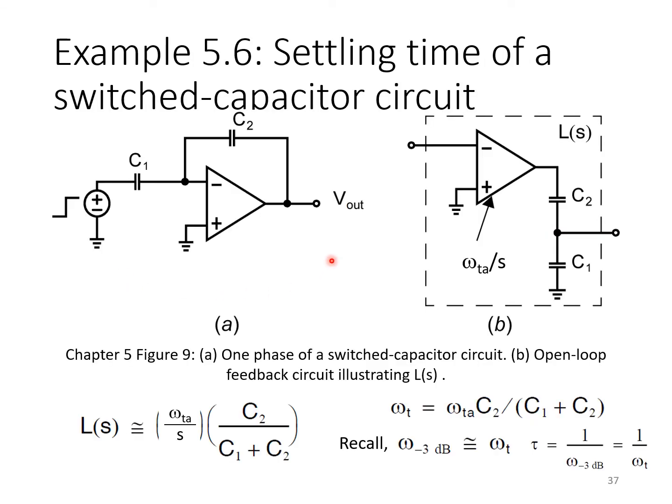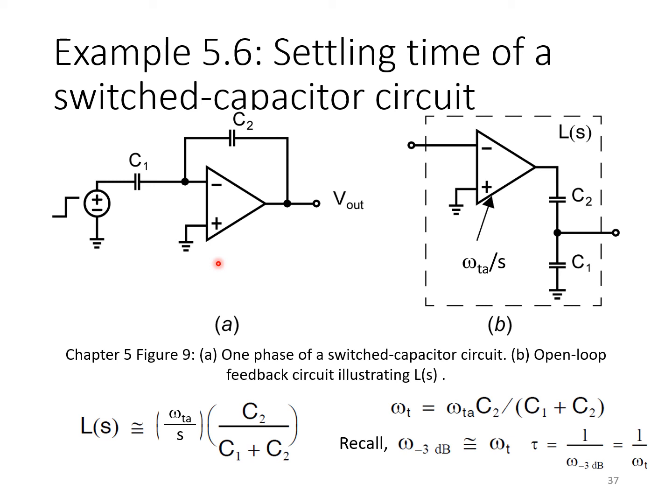So here's a simple but important example where we consider the settling time of a switch capacitor circuit. The schematic shown here is representative of the single-ended equivalent of a switch capacitor circuit in one phase of its operation.